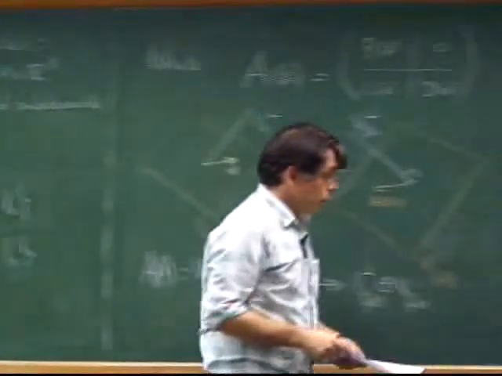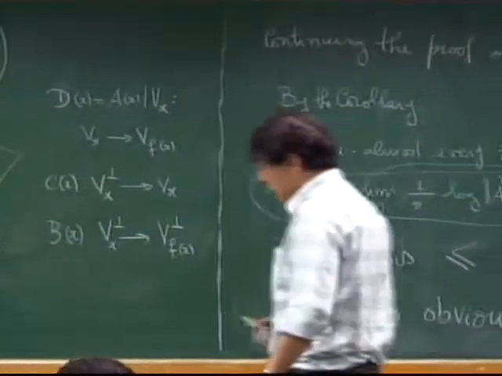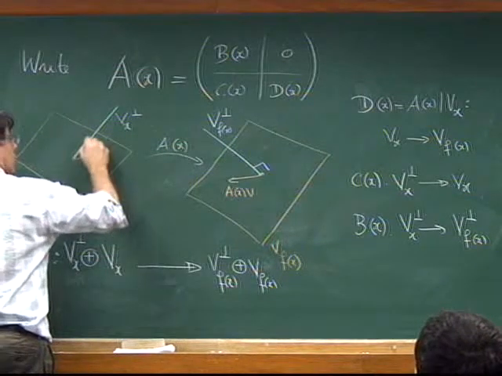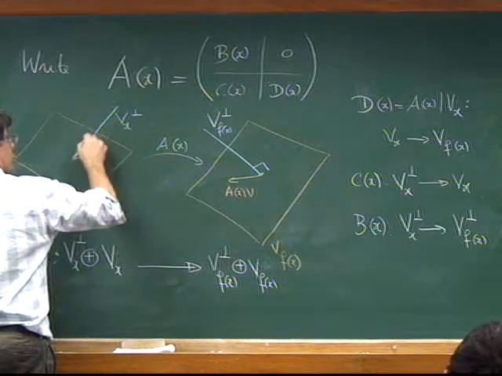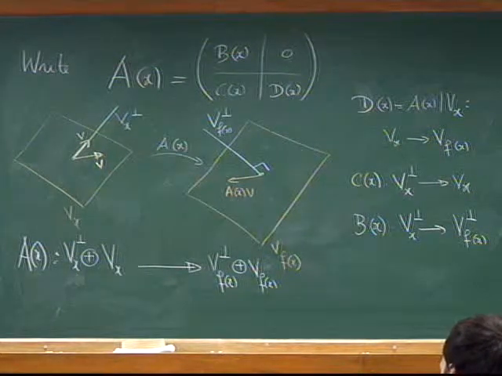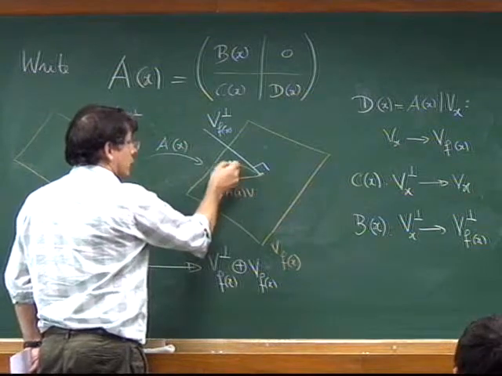However, we do not assume, it's not true in general, that the orthogonal is invariant. So if we choose a vector v in the direction of the orthogonal, the image usually is not in the orthogonal.